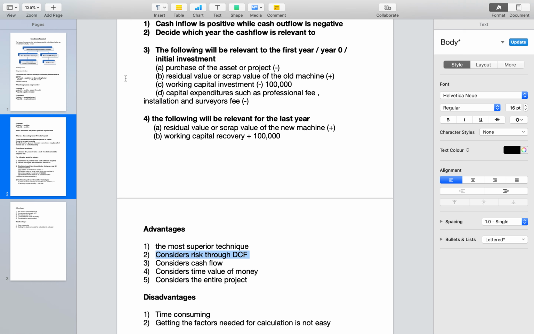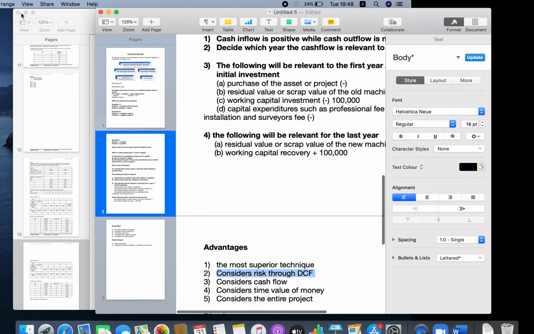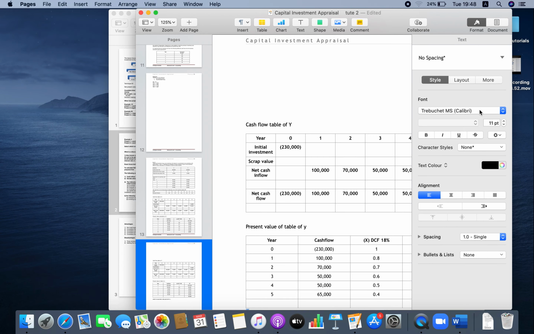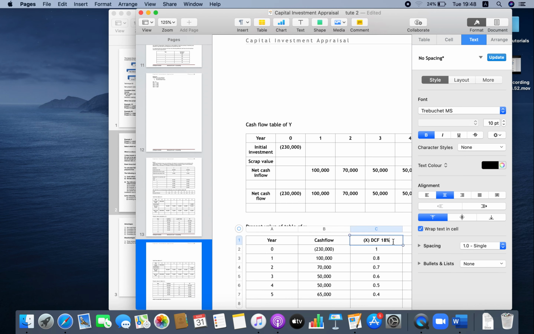Right, now remember, in a net present value, how do you get your answers? You take your cash flow and multiply this by the discounting factor. The moment someone multiplies this by a discounting factor, you are already considering something called a risk. This is actually out of your syllabus, but let me give you a brief understanding. When you go to calculate cost of capital, you need to take various things into consideration.